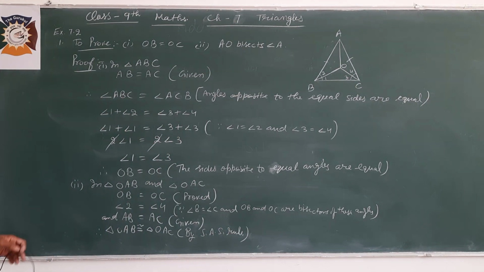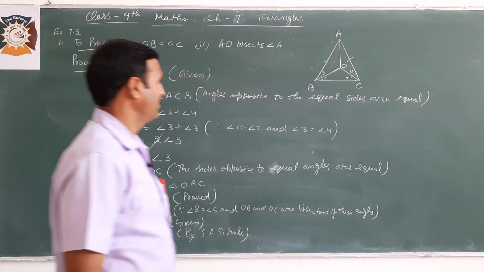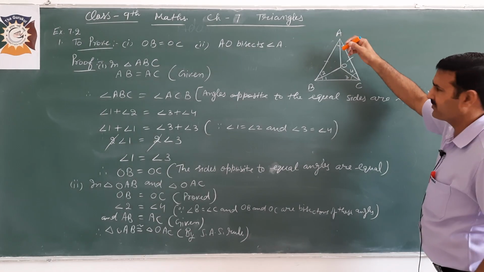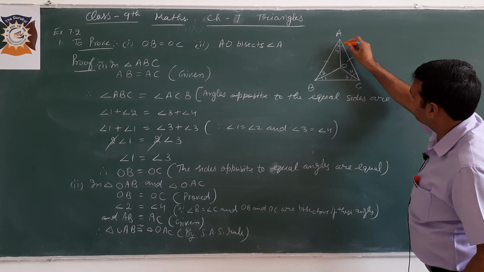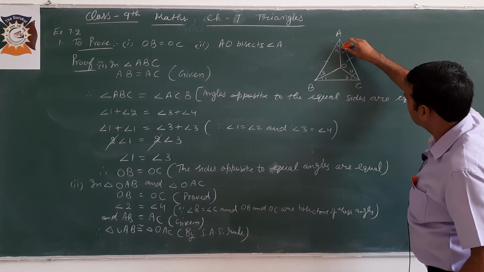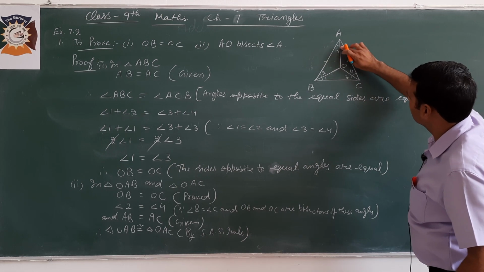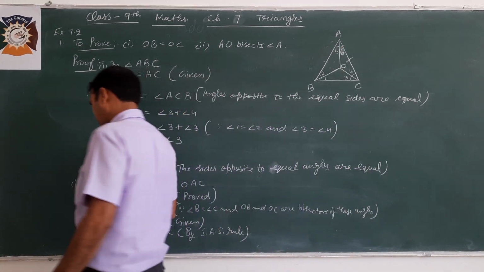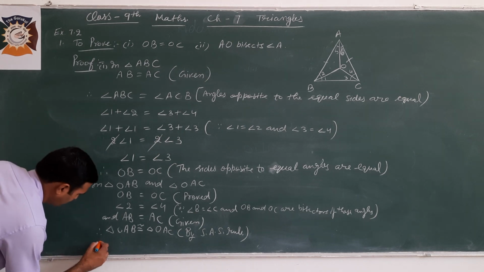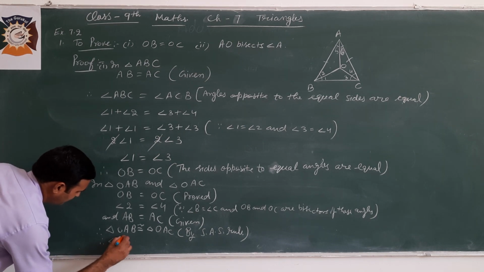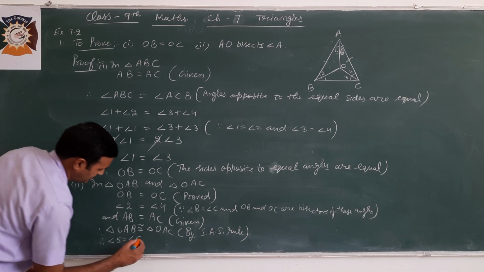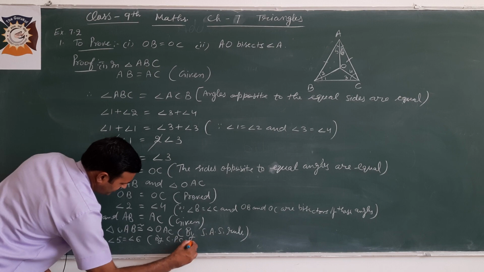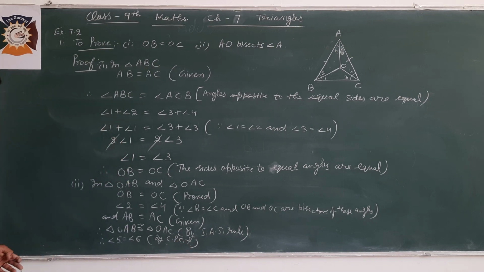If two triangles are congruent, then we can say the corresponding angles are equal, or corresponding parts are equal. Let this be 5 and this be 6. Therefore angle 5 is equal to angle 6 by CPCT, corresponding parts of congruent triangles.